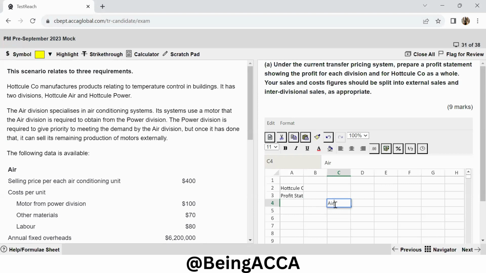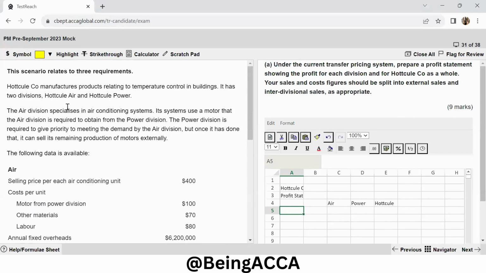First of all, I need to show their first division, which is air. Secondly, their power division; I can see the names of the divisions from here, air, power. And then the third column will be Hottcule Company as a whole, because as per my requirement, I have to show it for both individually as well as for the company as a whole. So now I have my divisions with me.